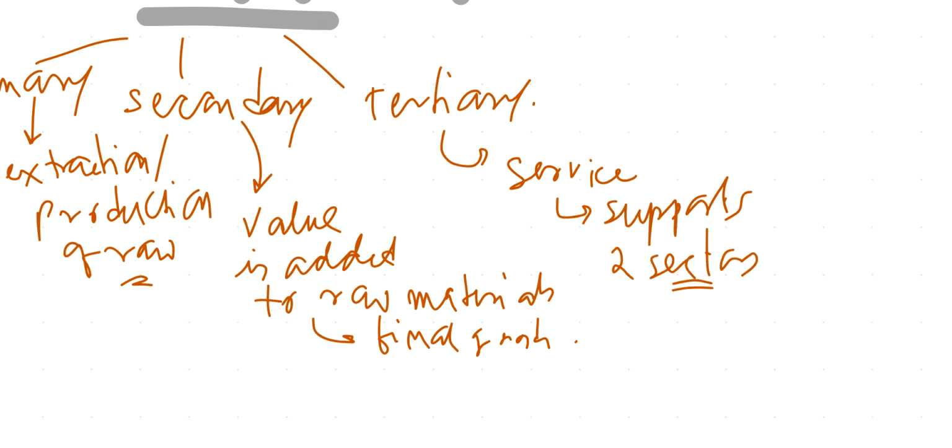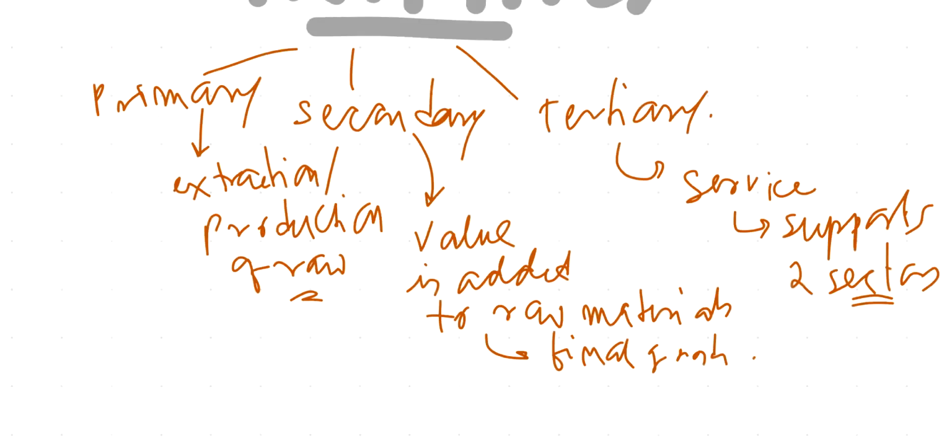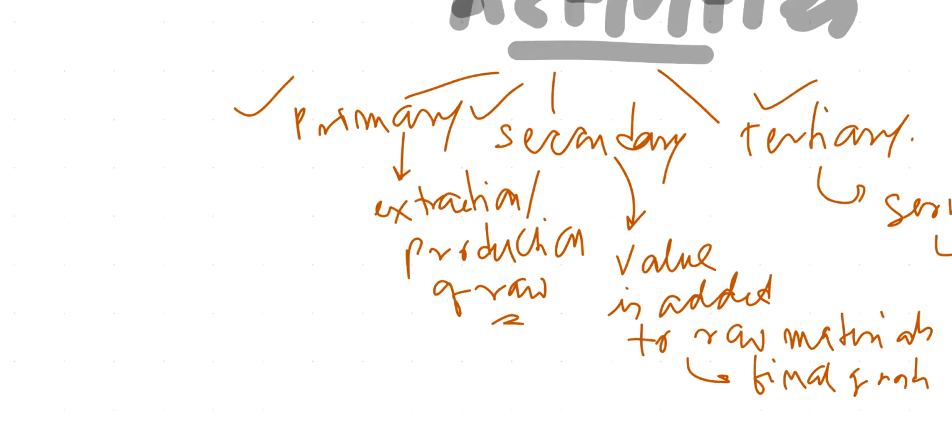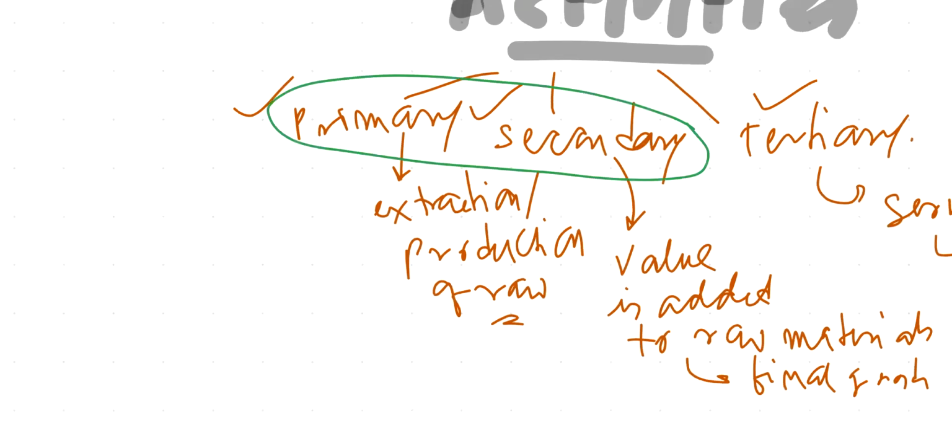So we have understood that there is a link between these three sectors, and also between primary and secondary. Agriculture and industry are not exclusive, meaning they are not completely different.